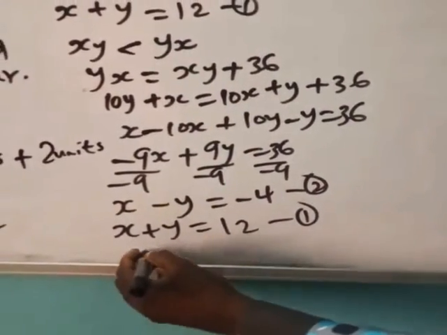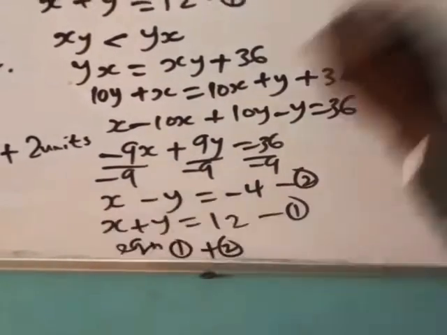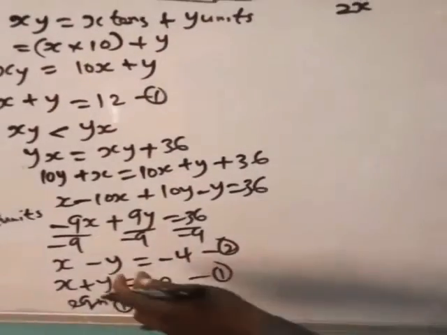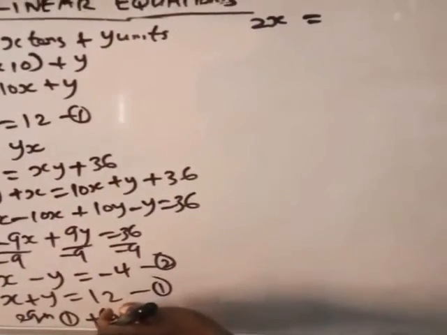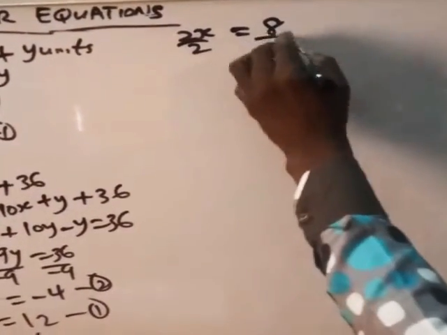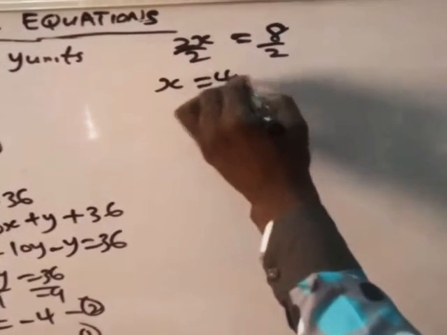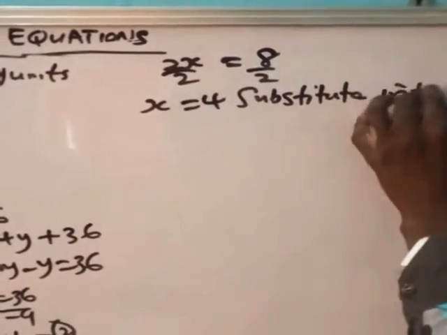So let's, by addition, equation 1 plus 2. x plus x is 2x and minus y plus y is 0. Then minus 4 plus 12. You are owing 4, you have 12. That is 8. Divided by 2, x is 4. Substitute into any equation.